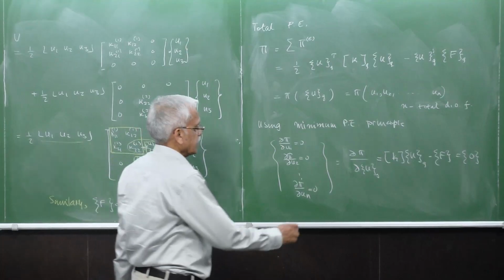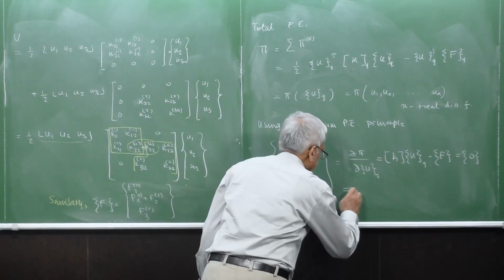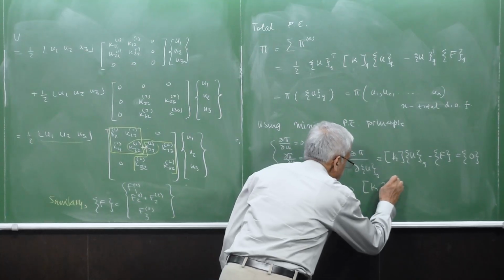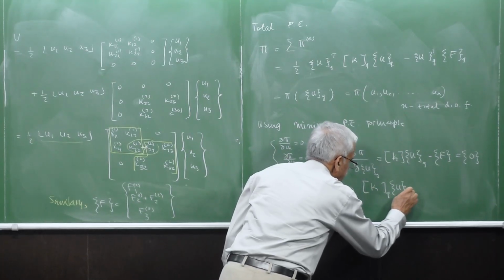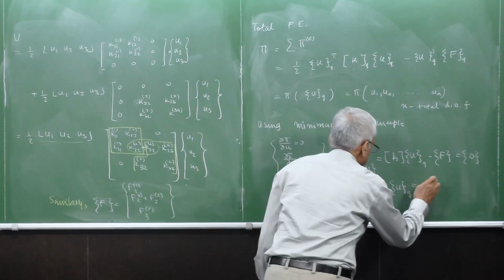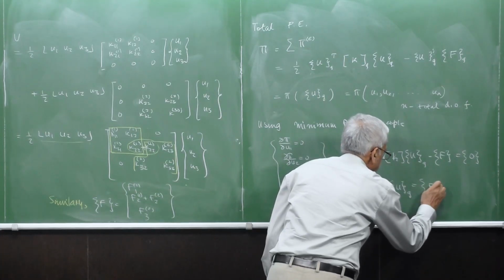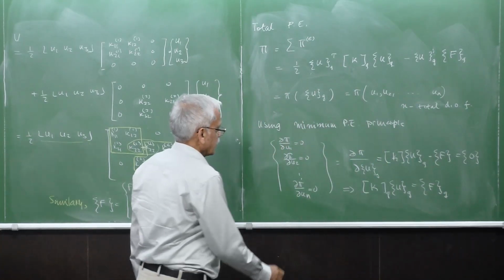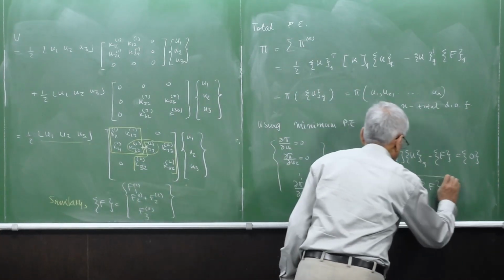So this we can write as K times the global displacement vector equal to Fg. This is the equation.